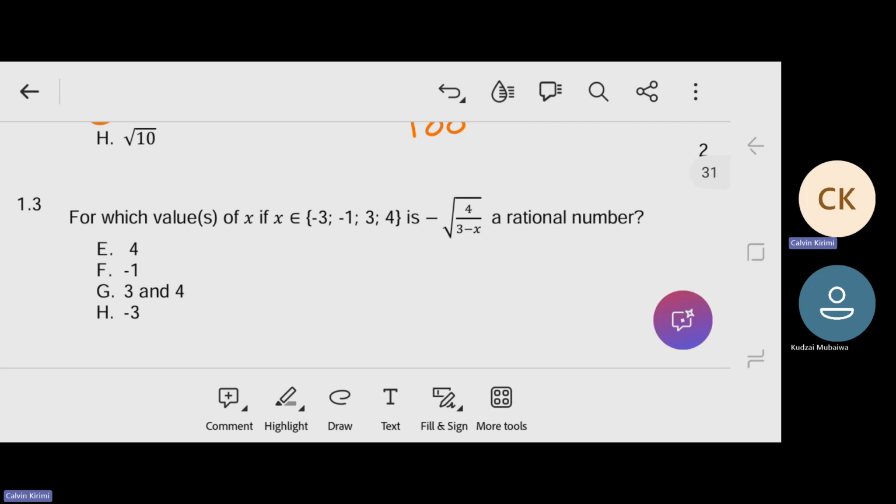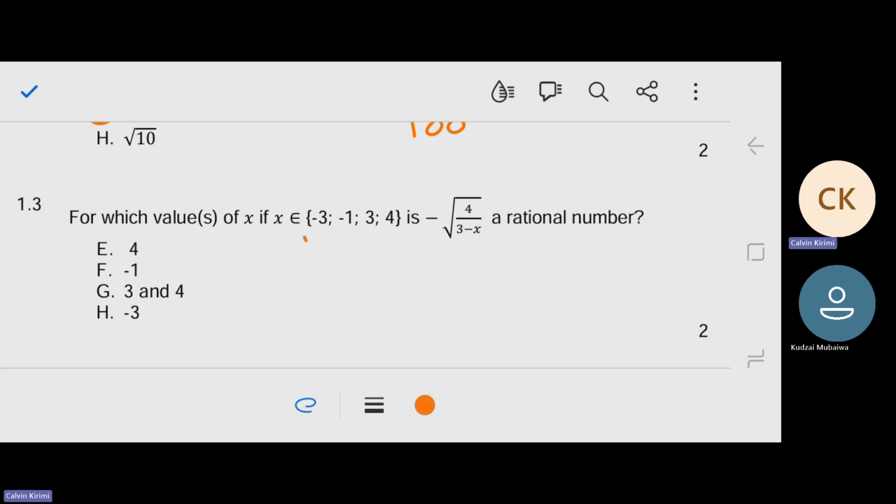So they are now saying: is the root of 4 over 3 minus x a rational number? We have been given that x can be -3, x can be -1, x can be 3, and x can be 4.